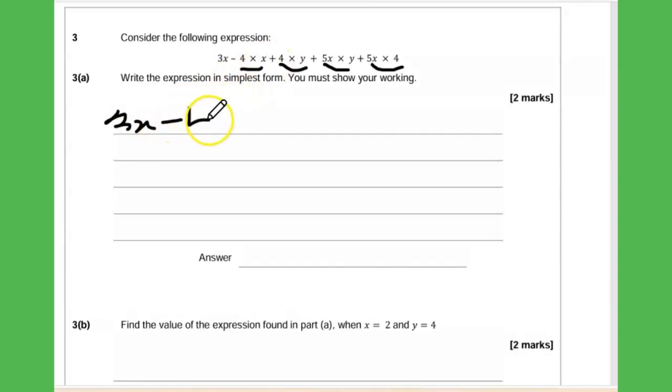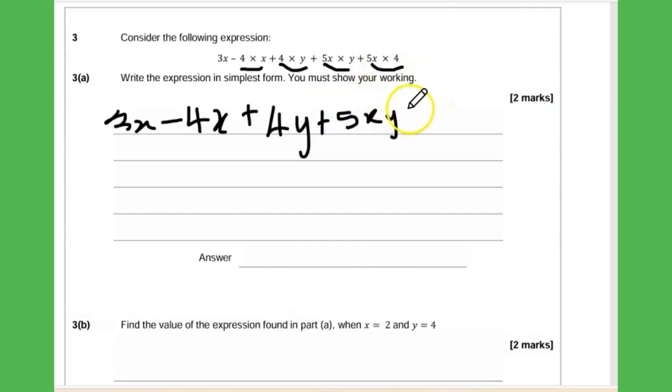That will be minus 4x. Now 4 times y will give us 4y, but there is a plus, so it's going to be plus 4y. Then 5x times y will give us 5xy. So we're going to have 5xy. Hope you're following.